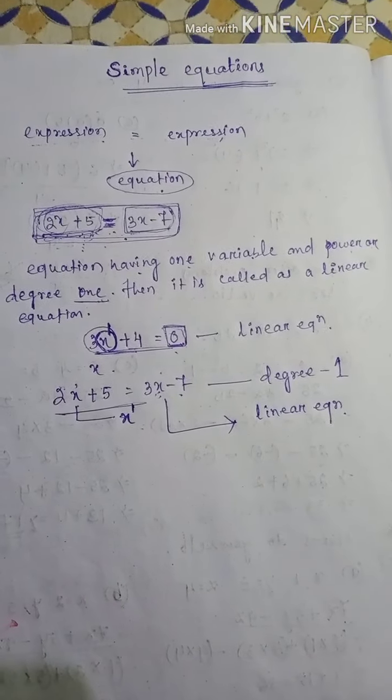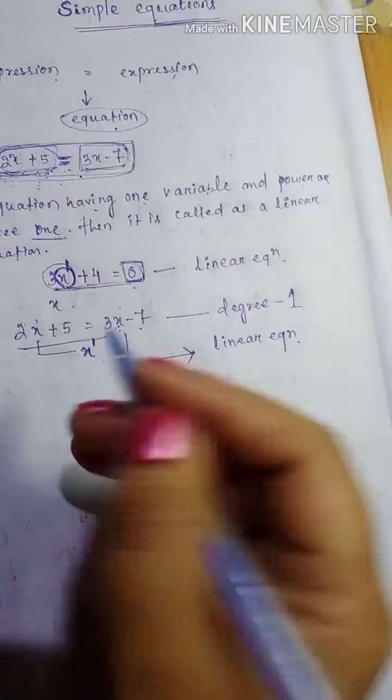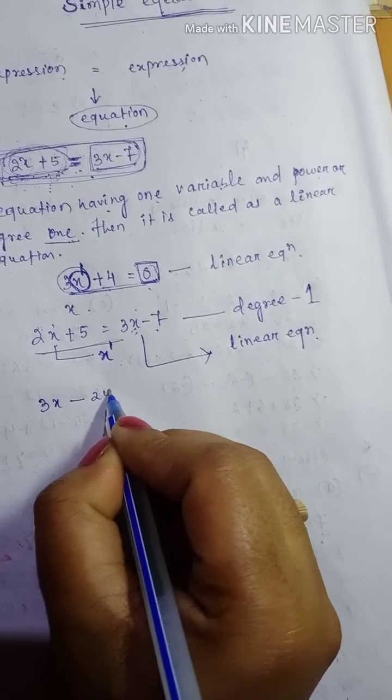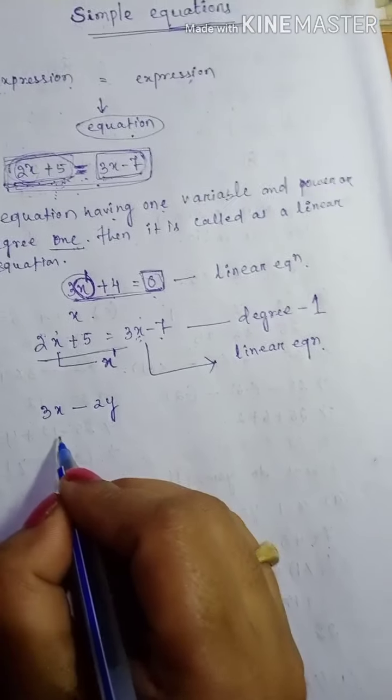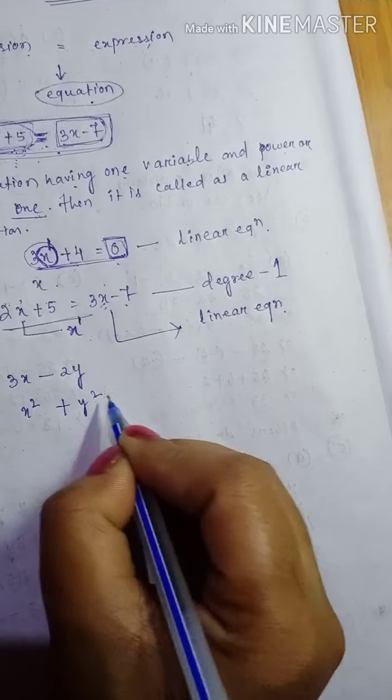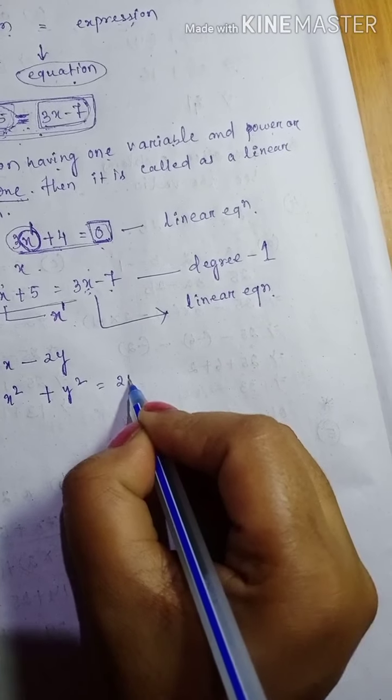Next. Some other examples I will give. See here, 3x minus 2y, or x square minus or plus y square is equal to 2y.